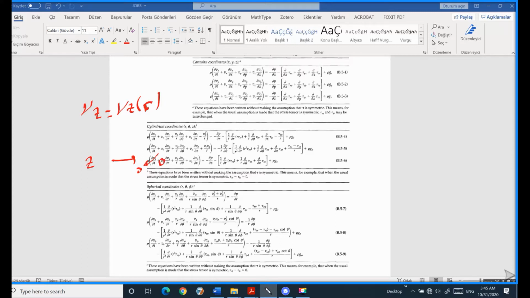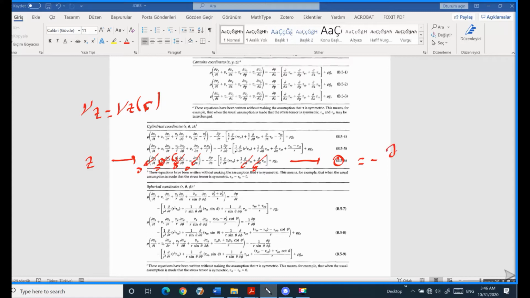Because of VR, this term is going to be 0. V theta, this term is going to be 0. This term, the partial derivative of Vz, is going to be 0 from the continuity equation. On the right side, this term is 0, this term is 0. What we get from here is that the left side is going to be 0.